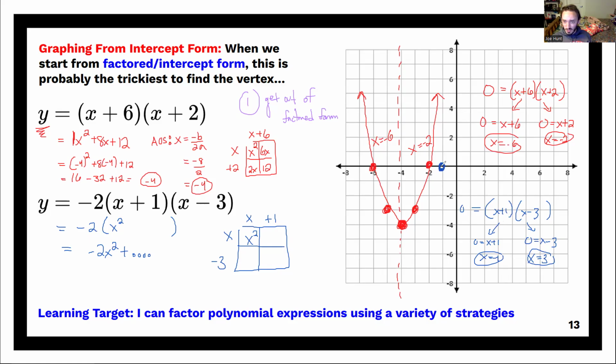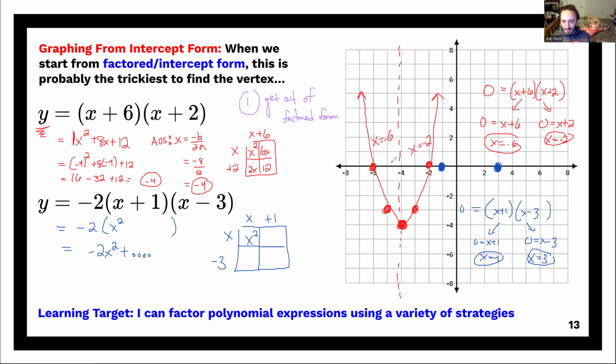So what I'm going to do is just jot down what I know so far. I've got a solution at x equals 3. I've got a solution at x equals -1. I want you to notice something on the red graph in terms of the distance that each of those solutions are from the axis of symmetry.